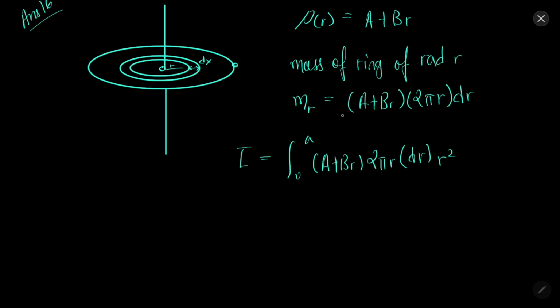Oh, this is for mass only, so m r square. So when you integrate this, you will find that it will be 2 pi a to the power 4 times a over 4 plus b over 5.